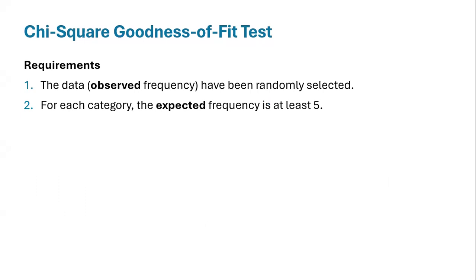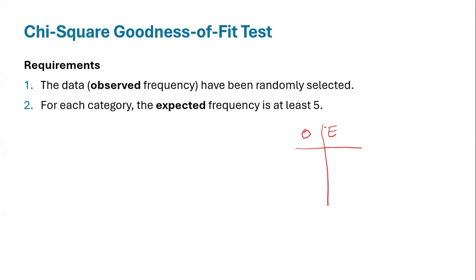So like any other hypothesis test, we need to check the requirements. First of all, make sure that you have both the observed and expected frequency. If in the problem both the observed and expected frequency are given to you, you can check the requirements and start the hypothesis test. But if you have the observed frequency but not the expected frequency, you need to find the expected frequency first and then check the requirements.